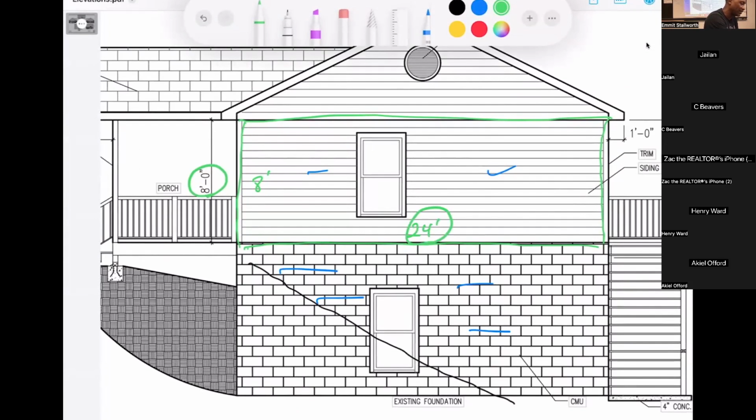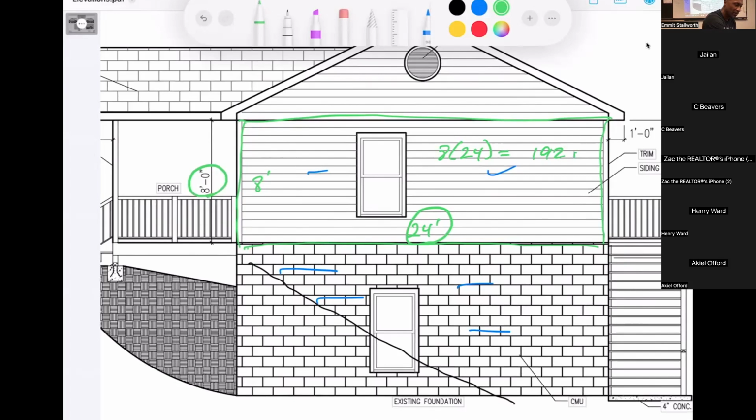So I multiply these two. That's 8 times 24. Anybody got a calculator? Where's my calculator? What you get? So that's 192 square feet. 192. Getting this thing kind of jacked up here.